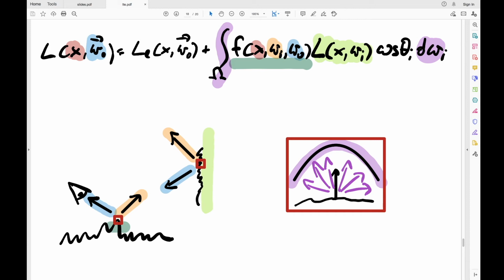The BRDF will tell us that certain light directions are impossible, and other light directions are more likely to contribute light. So the BRDF will tell us certain things about the probability of light coming from one of those directions. But generally, we have to evaluate reflected light from all over the hemisphere above the surface. So this should illustrate the complexity of the light transport equation.